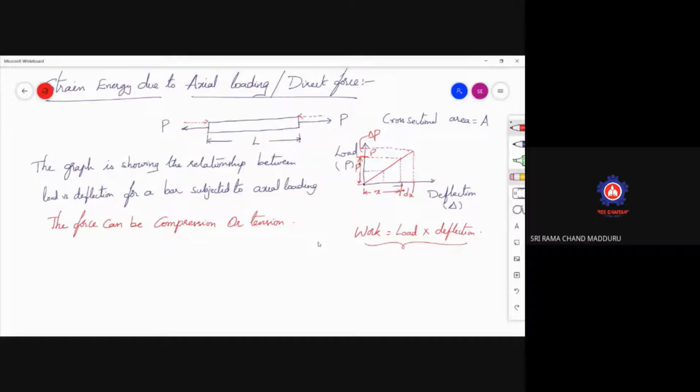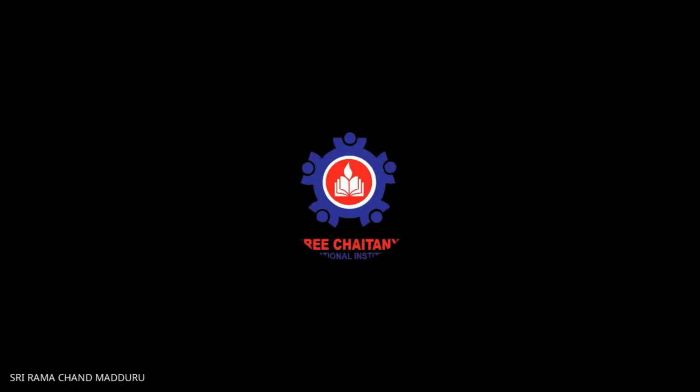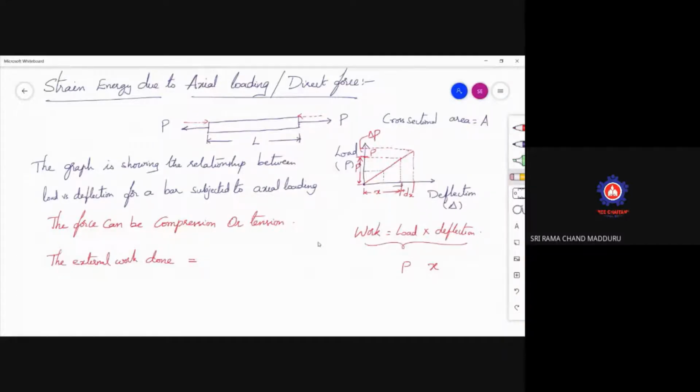Now, external work done is equal to, just replace this with x for simplicity, deflection x.